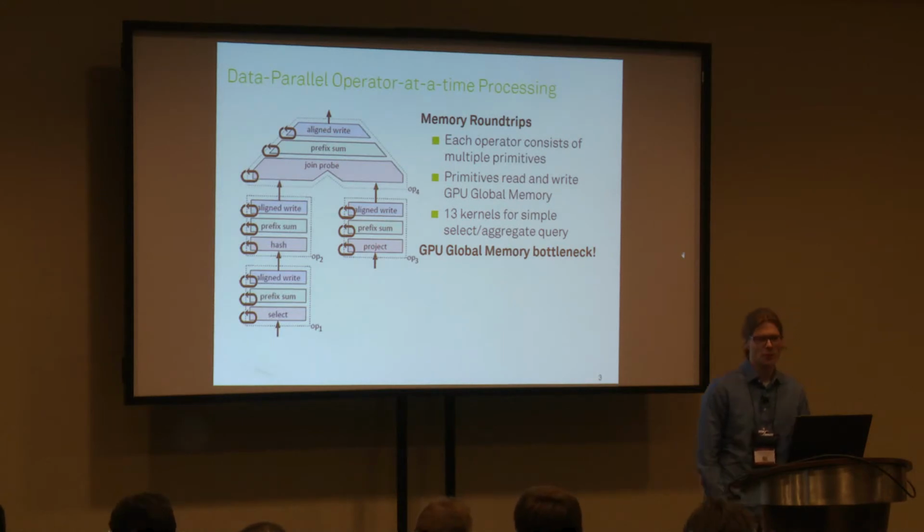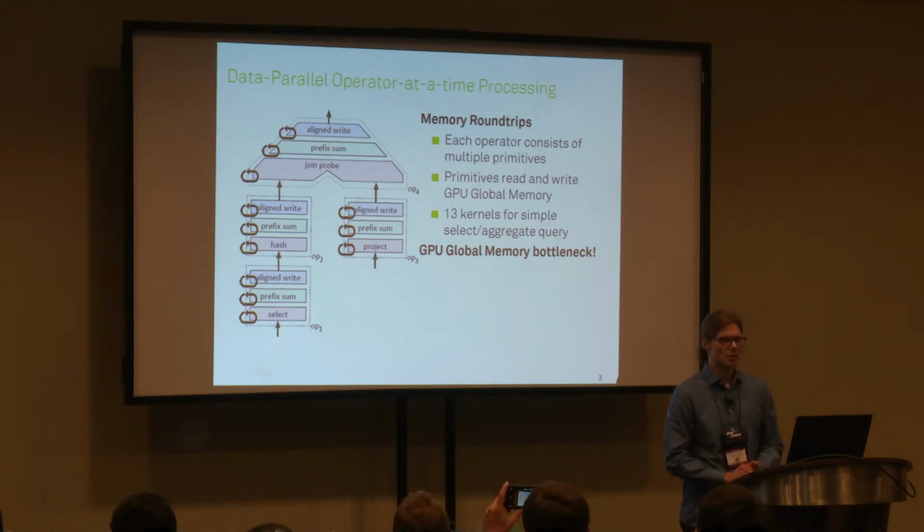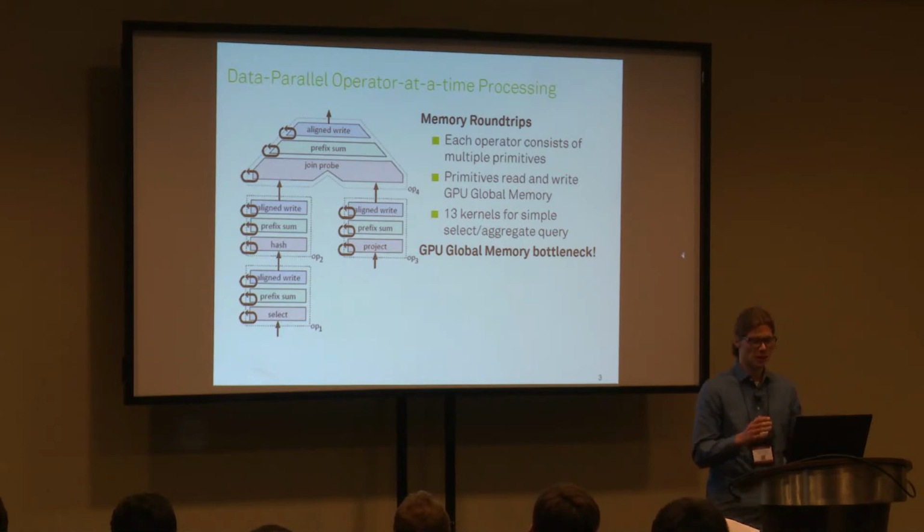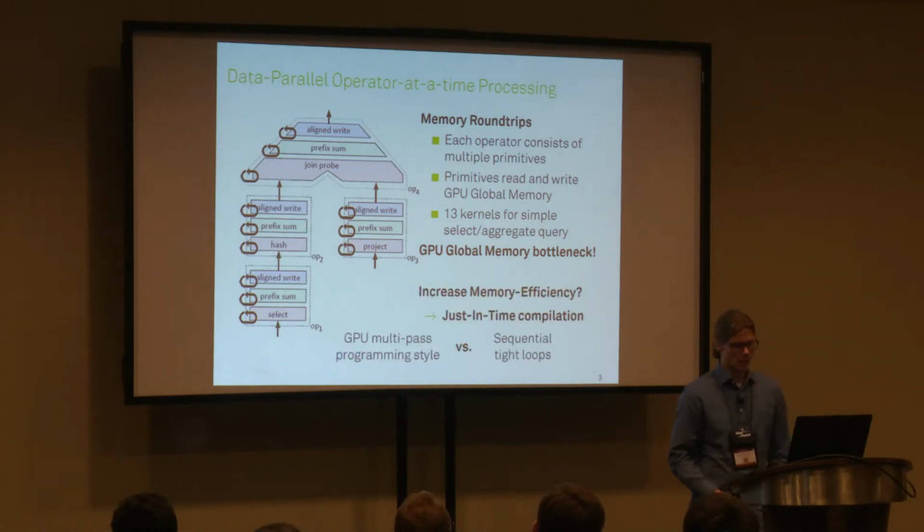For example, a really simple select and aggregate query, with a low number of filters and aggregation, takes already 13 kernels. This is what causes the GPU global memory bottleneck, which is the case for a lot of queries after doing PCI Express transfers in the right way. So how can we address this?